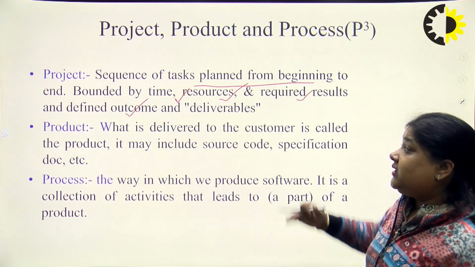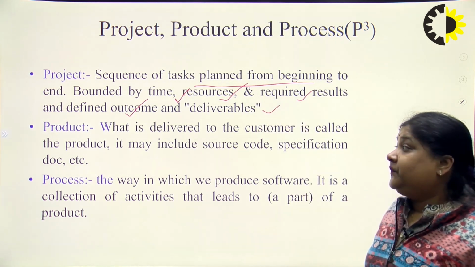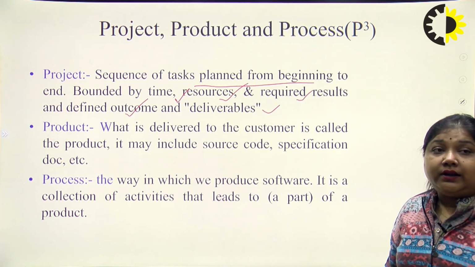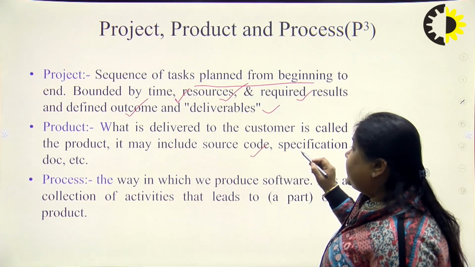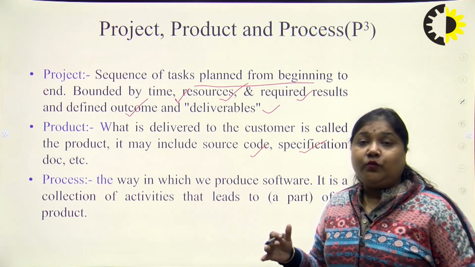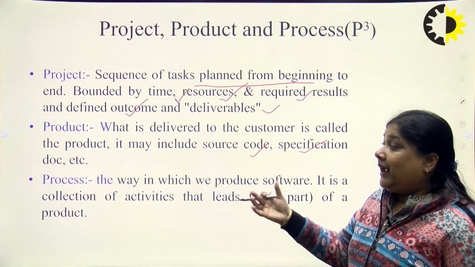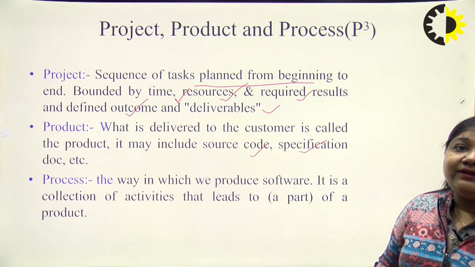This is collectively called a project. What is a product? What is delivered to the customer is called the product. It may include source code, specification document, anything else that I am going to deliver to the end user. That is the product.